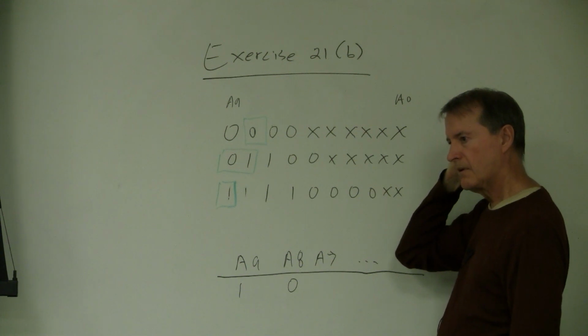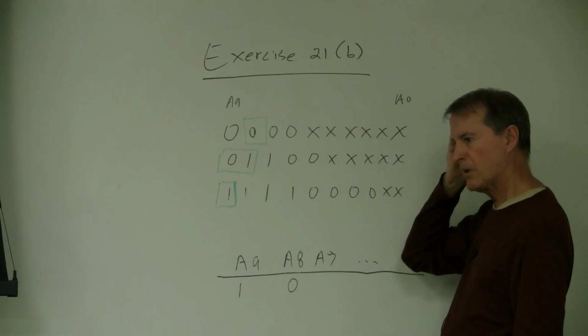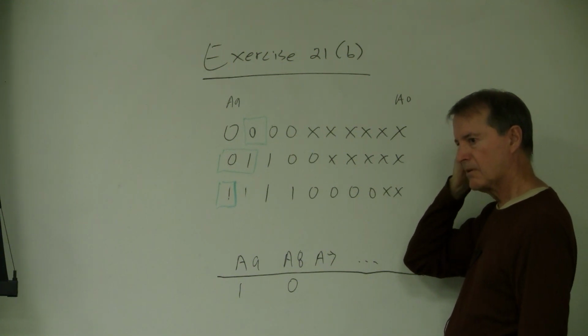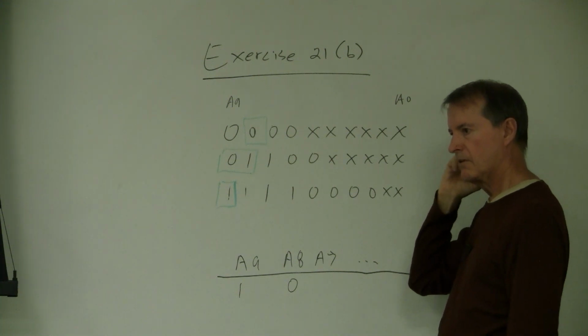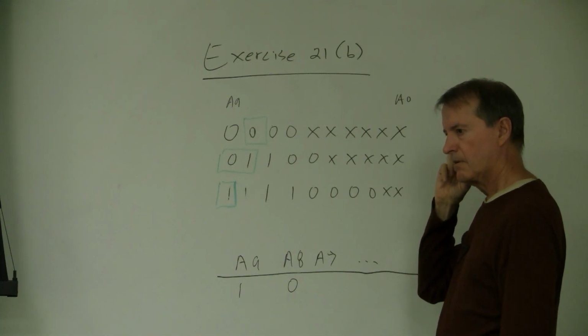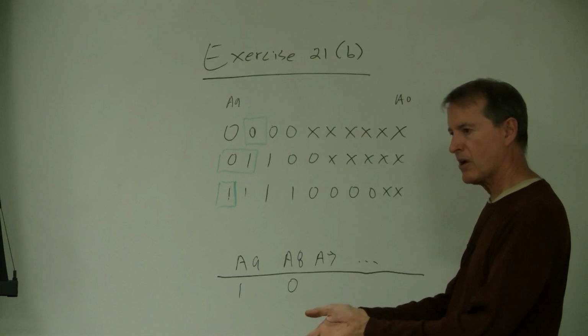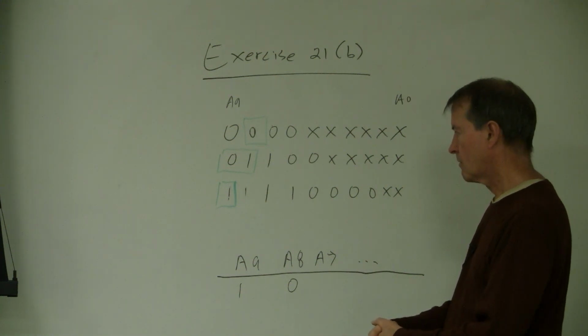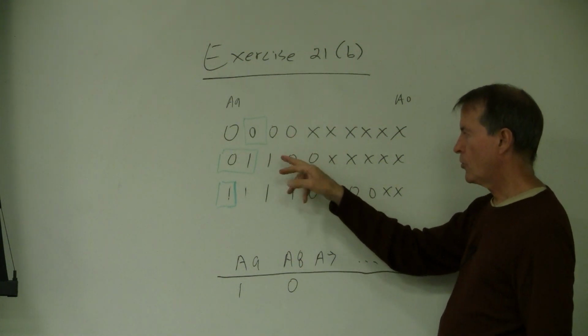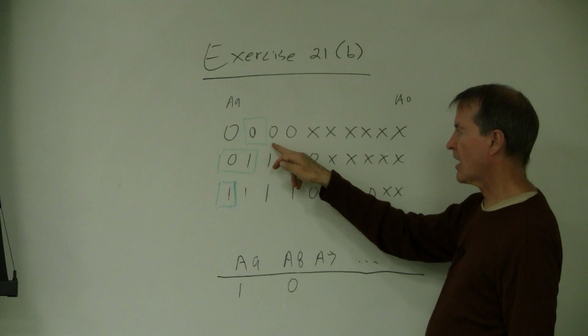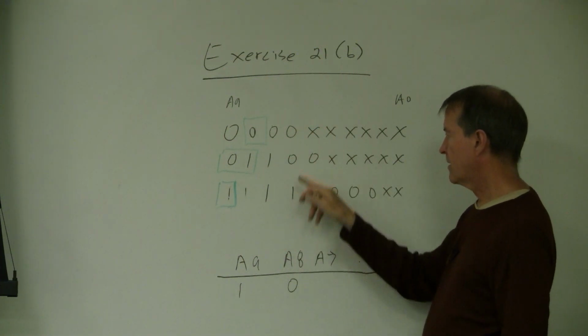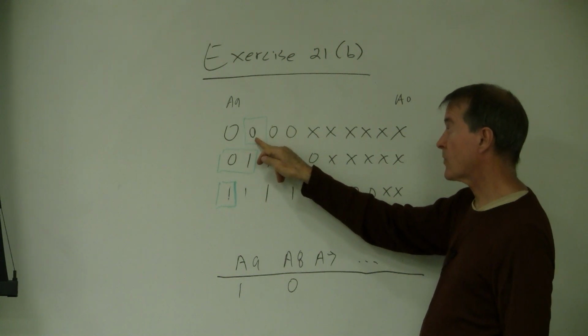Okay. Are you with me on that? Because then they would both be putting their data on the bus at the same time and you'd have conflict. Your question was, can we select this one by saying, if there's a 0 on A8, we'll select this chip.